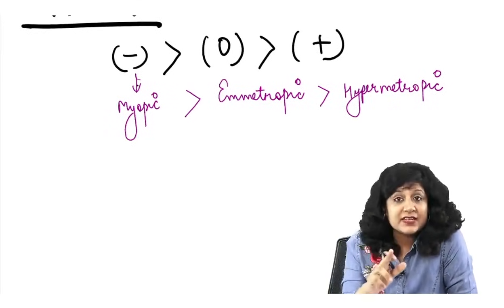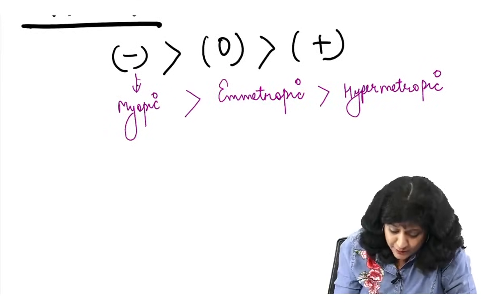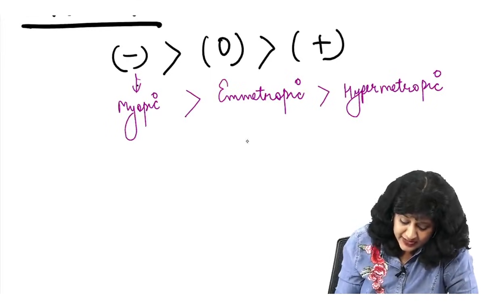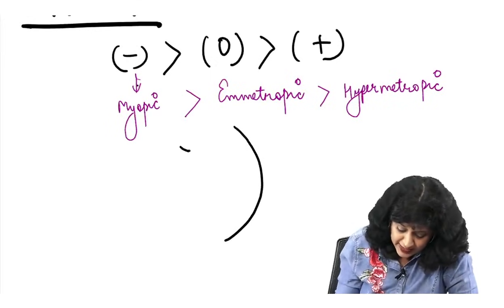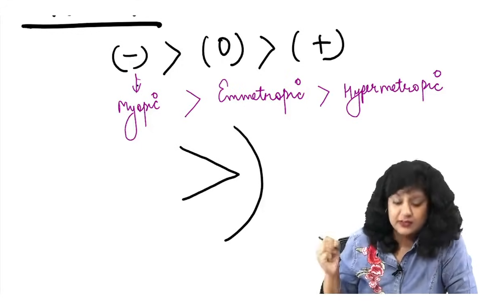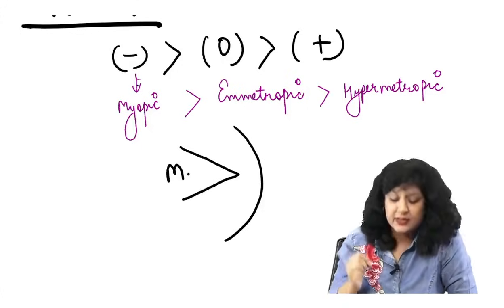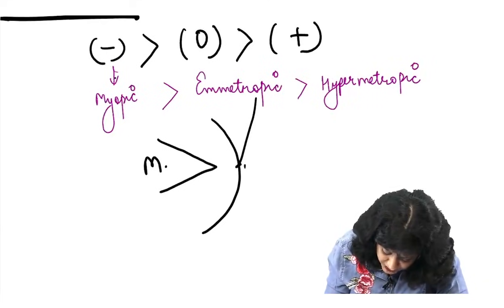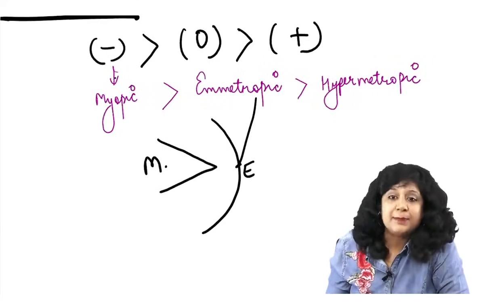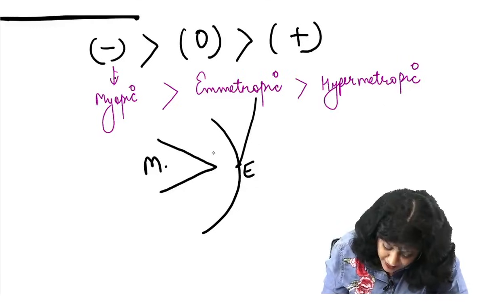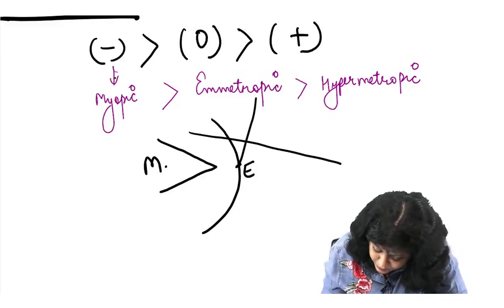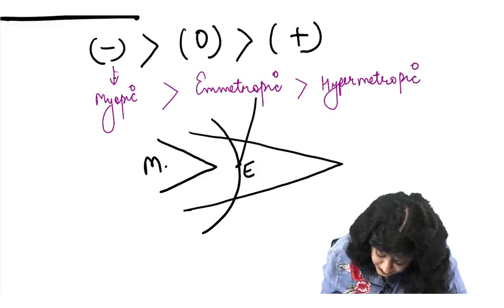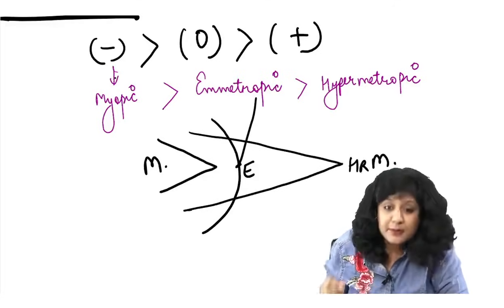Because a person who is having myopia will have the rays focused in front of the retina. This is your myopia. The person who is having emmetropia will have the focus of the rays just on the retina, and the person who has hypermetropia will have the focus of the rays behind the retina. This is your hypermetropia.